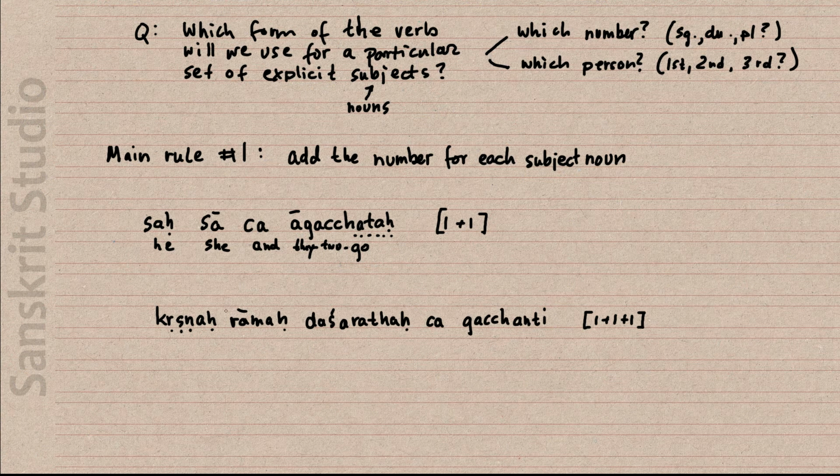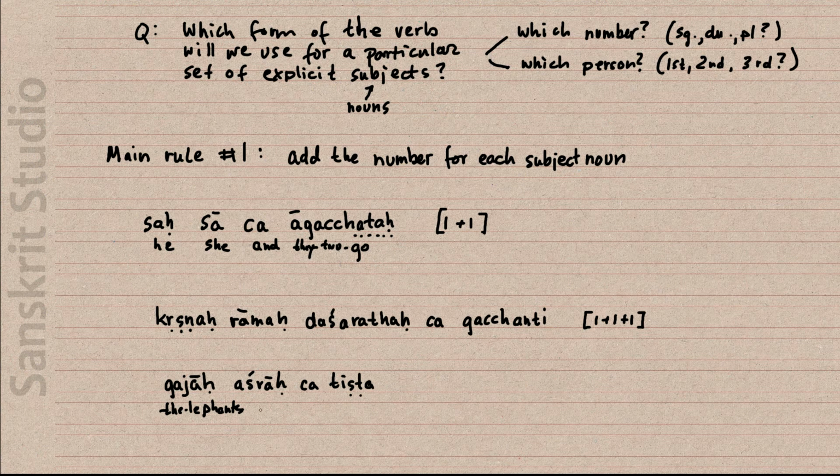And then a third example could be like this. We have gajaha, the elephants, and gajaha ashvaha cha tisht something here. What?